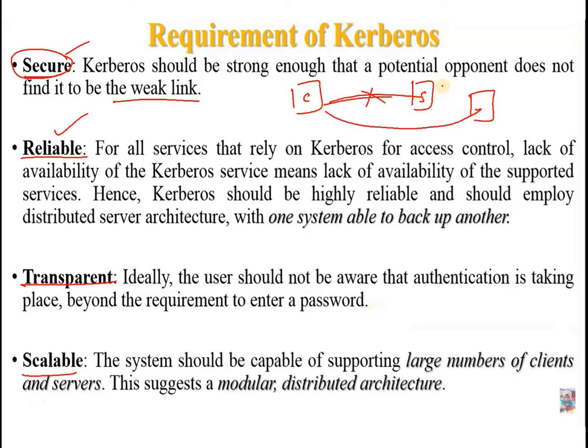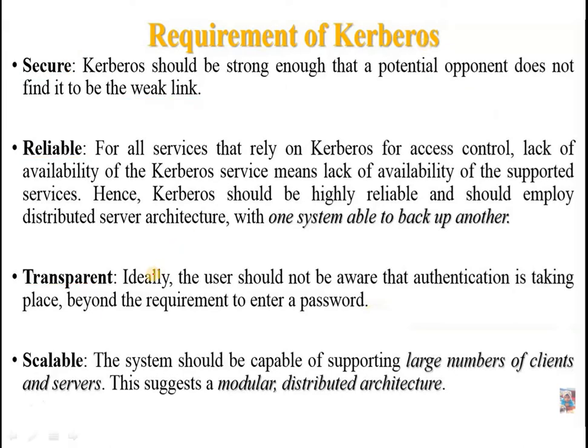Having a system as a backup is called reliability. For all the services that rely on Kerberos for access control, lack of availability of Kerberos service means lack of availability of the supported services.